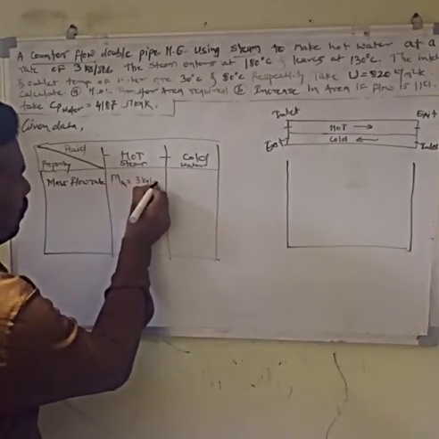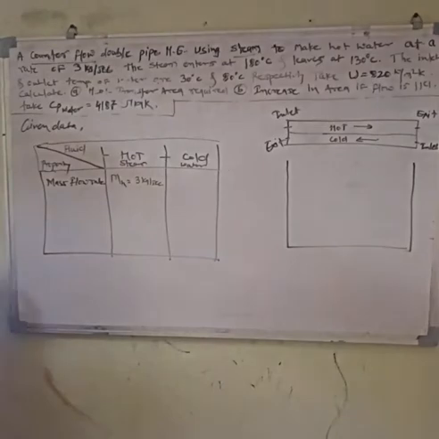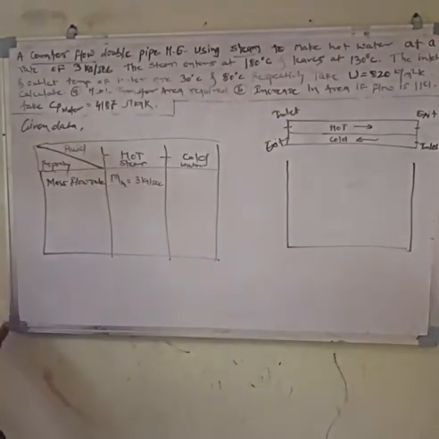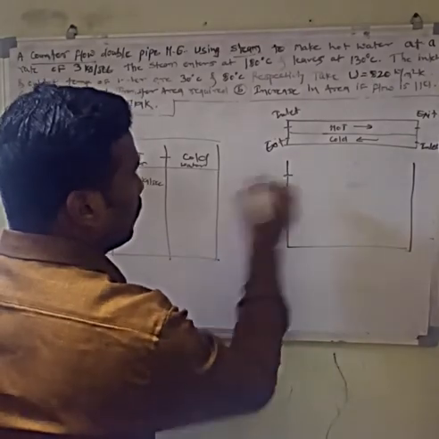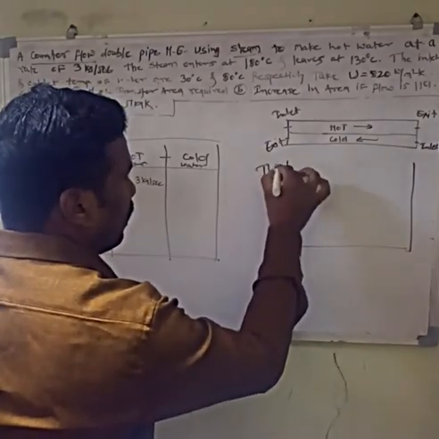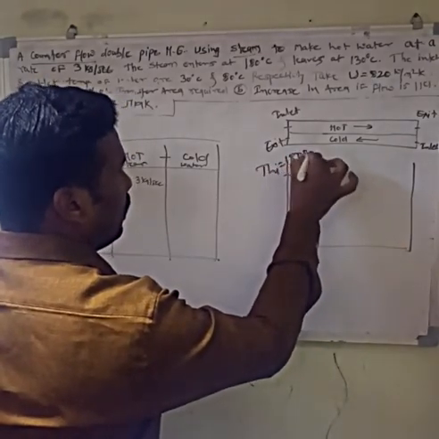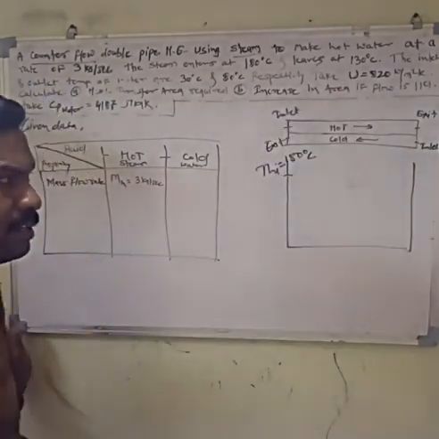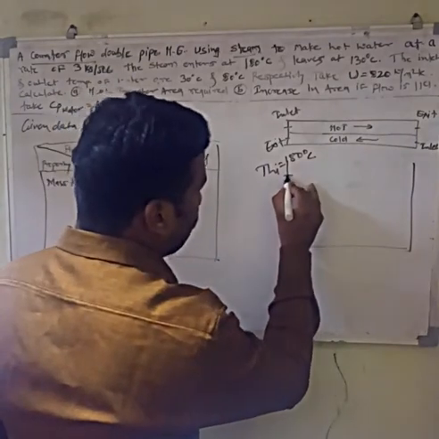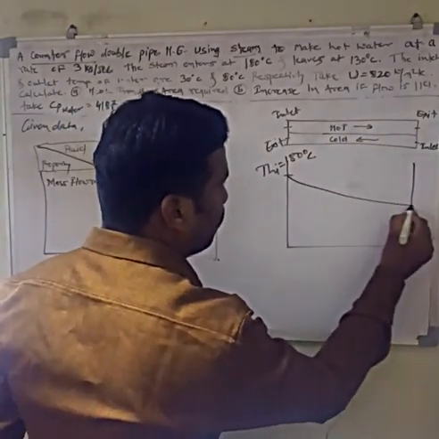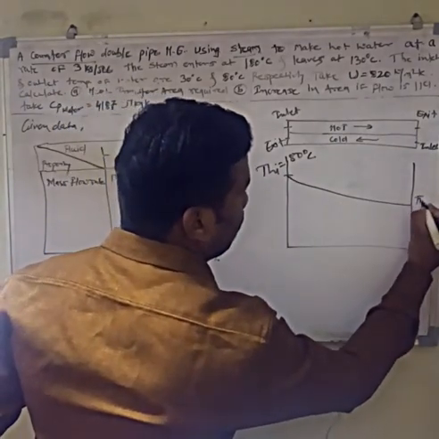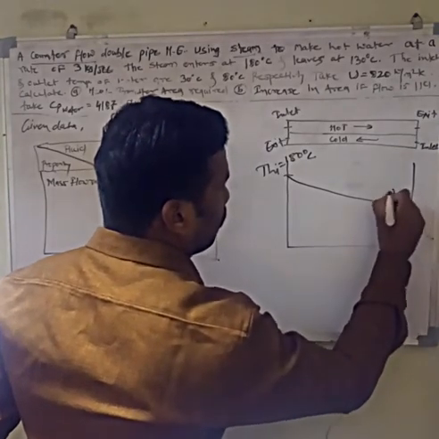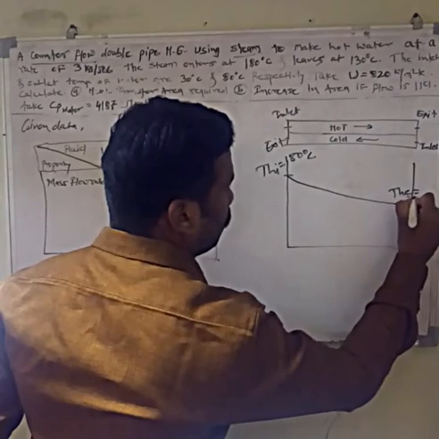The steam enters at 180 degree centigrade, so the inlet temperature of steam is THI equals 180 degree centigrade, and it leaves at 130 degree centigrade. That hot fluid loses some heat and its temperature decreases, so THE equals 130 degree centigrade.